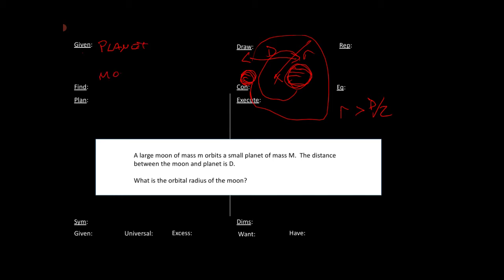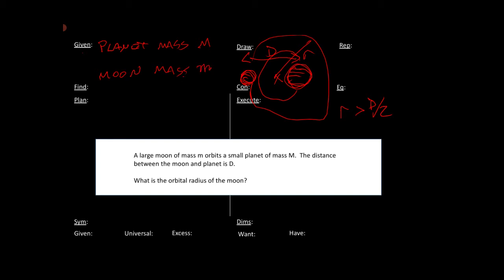So we want to break up the things we know as to which objects we know them about, right? So we have a planet that has a mass M, and a moon that has a mass, I guess, little m.